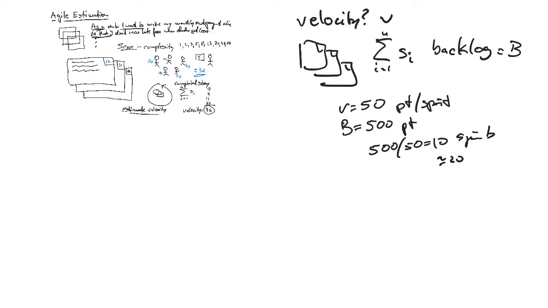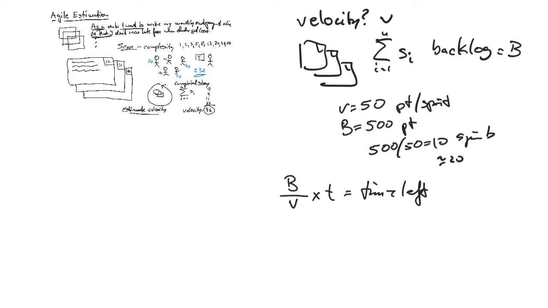So I can use that for estimation. I can take my backlog, divide it by the velocity, and multiply that by my sprint length. That will give me my time left.